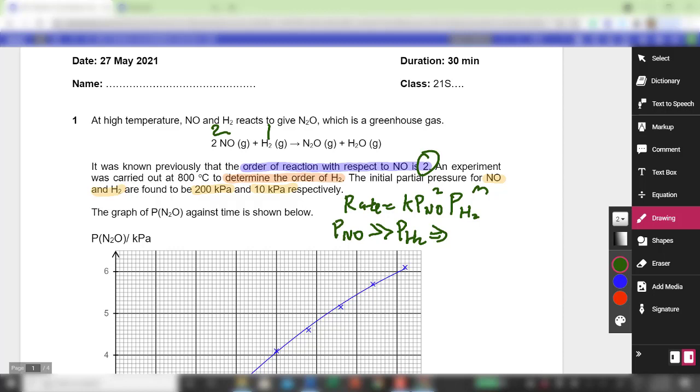If you rewrite the rate law, you write it as rate equals k prime partial pressure of H2 to the power m. So in the course of the reaction, you don't expect the amount of NO to change appreciably. In this case, k prime is given to be k partial pressure of NO squared.